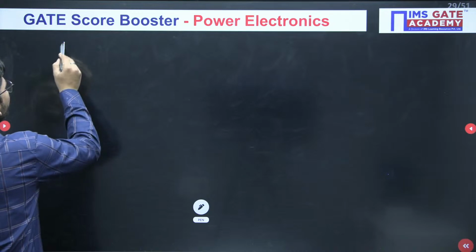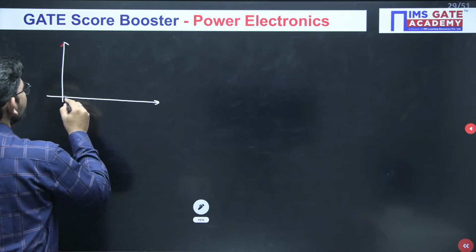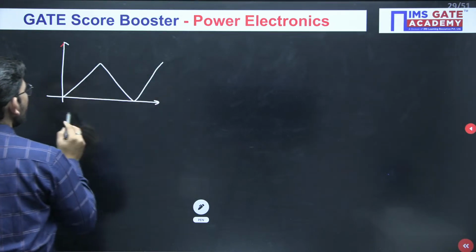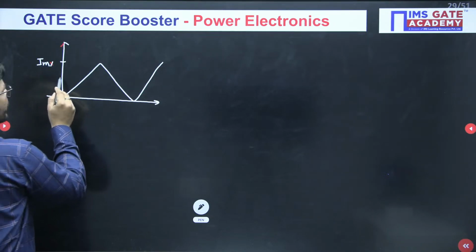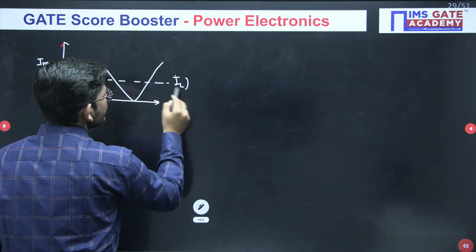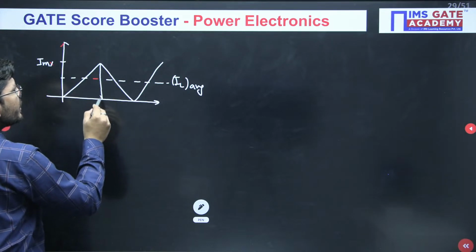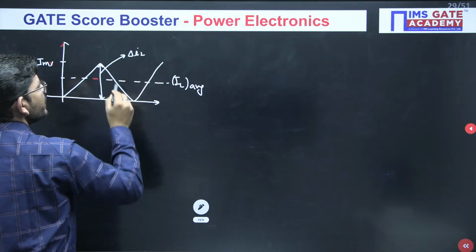So now if I draw the inductor current, it will have this shape. I minimum will be 0 and it has only I maximum. Now this will be the average value, and this you know is the ripple current delta IL.